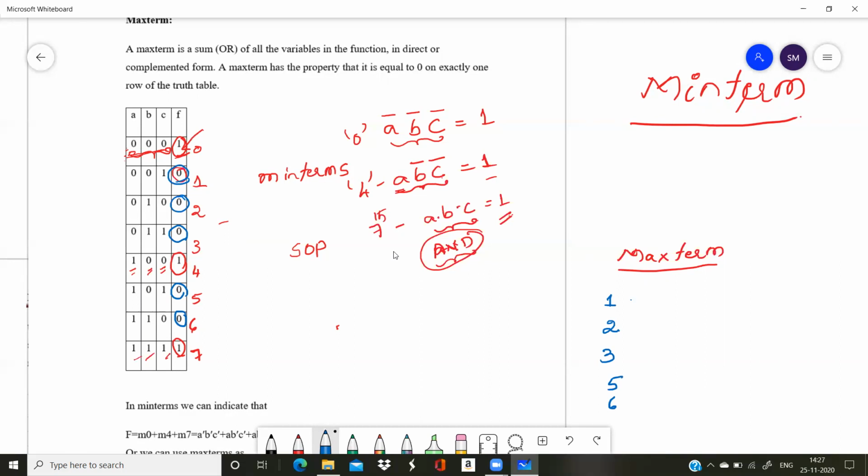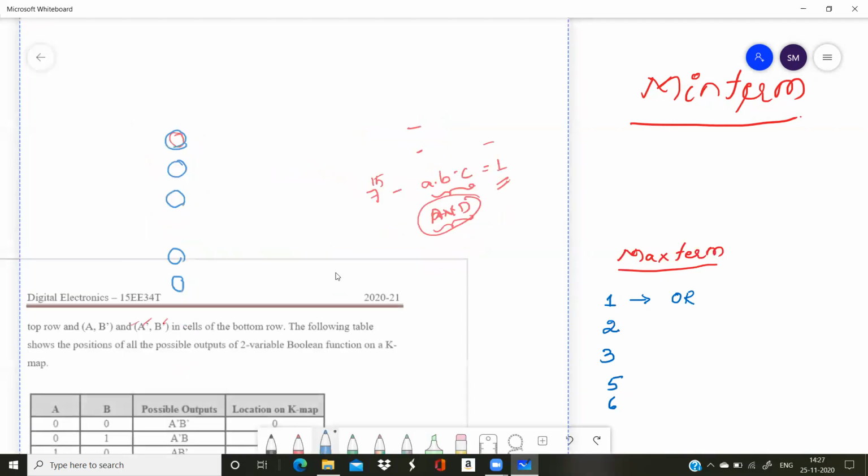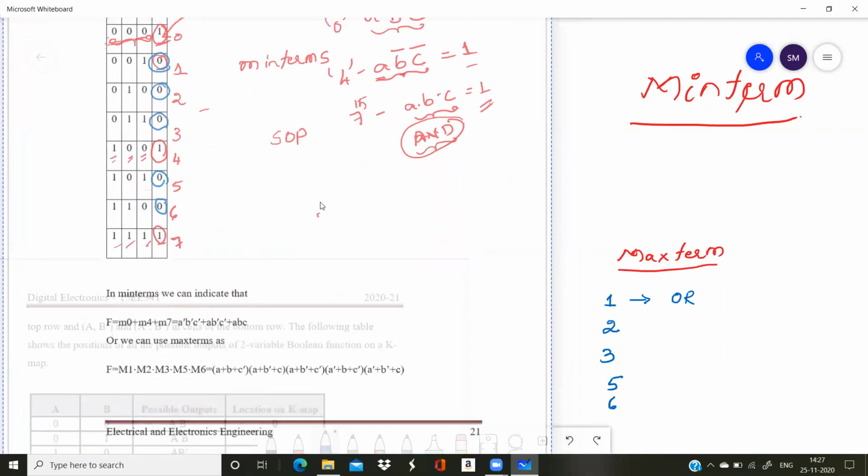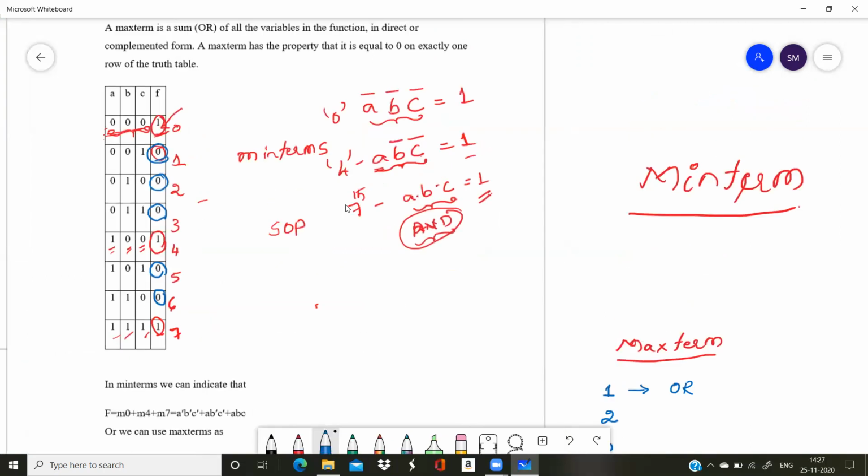To write this, we use the OR function. Wherever 0 is there, write the variable as it is. Wherever 1 is there, we need to write it as the complement.